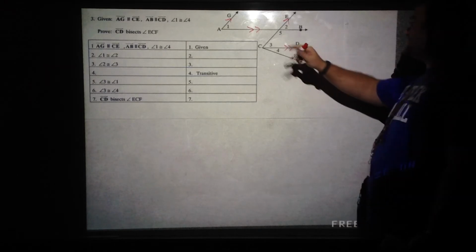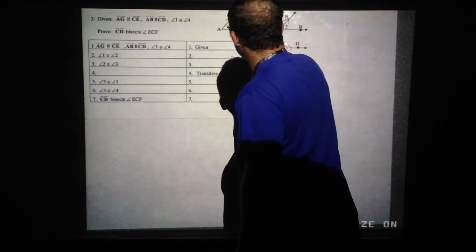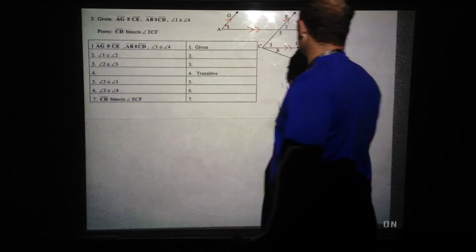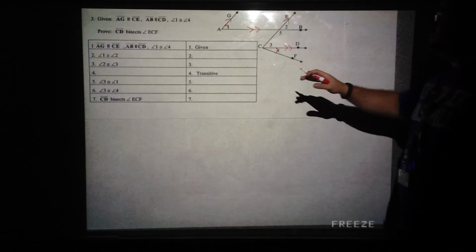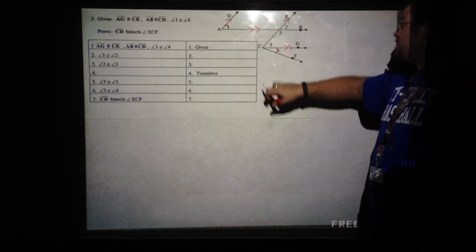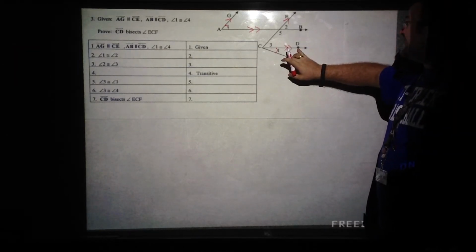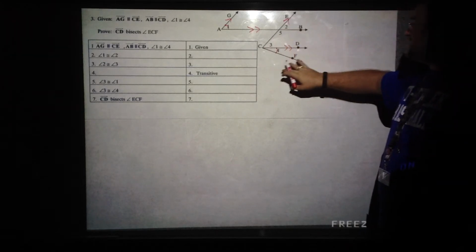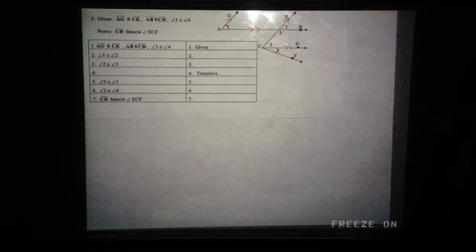We also see that angle 1 is congruent to angle 4, and we'll mark that on our picture as well. Then they want us to prove that ray CD bisects angle ECF on our picture.